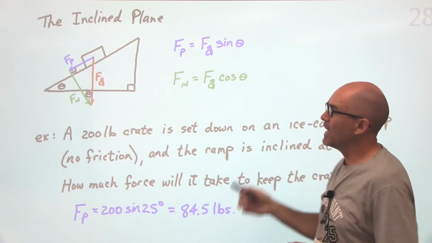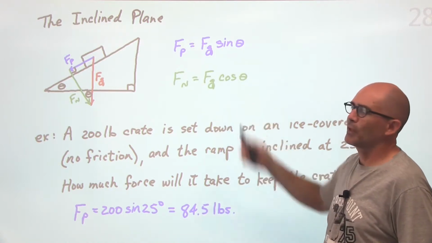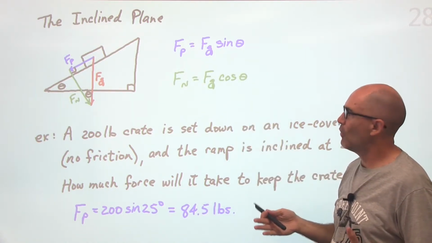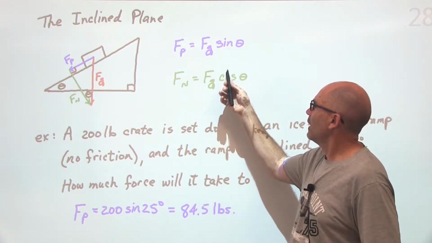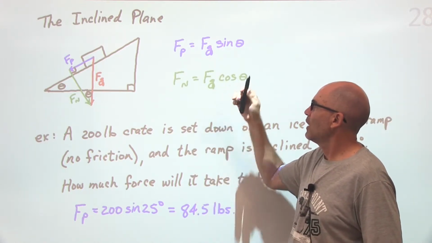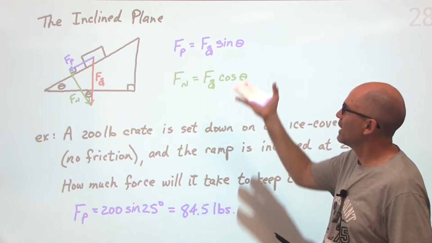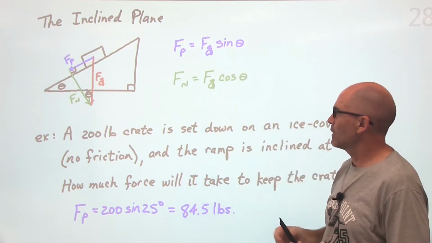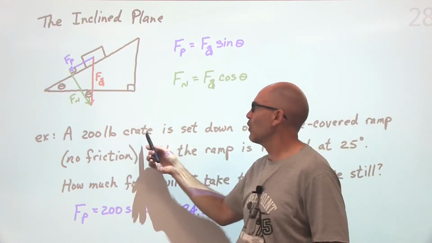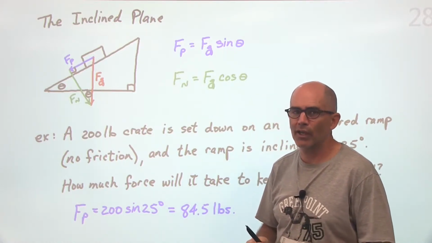But if you take a physics course in college, you're definitely going to get force normal, so I wanted to let you know what that is. Also, gravity is a force, because weight is a force. So the 200-pound crate, 200 pounds is the force the crate is exerting on the Earth.